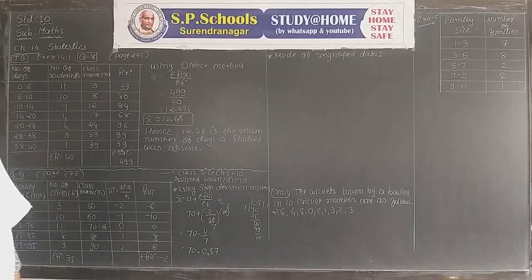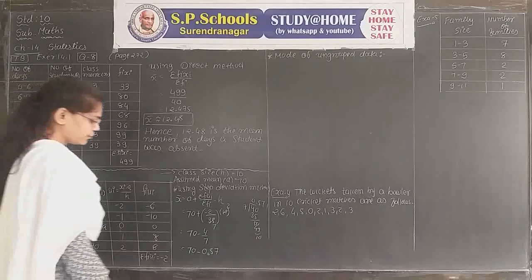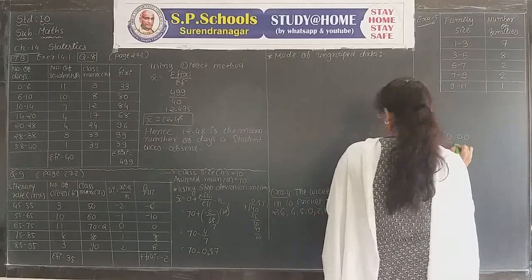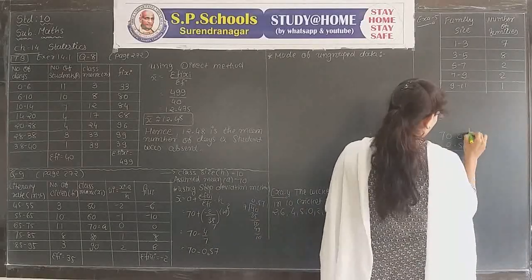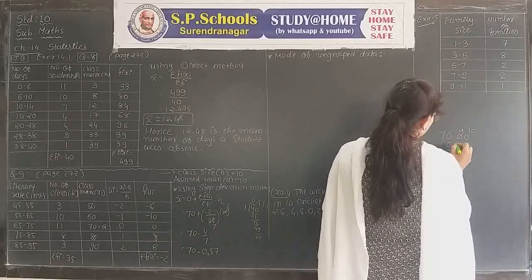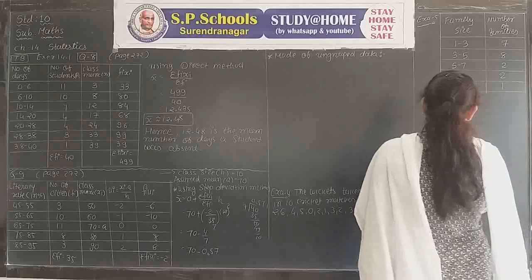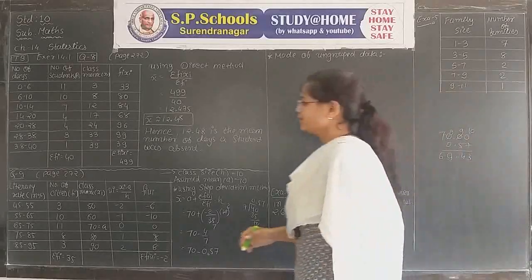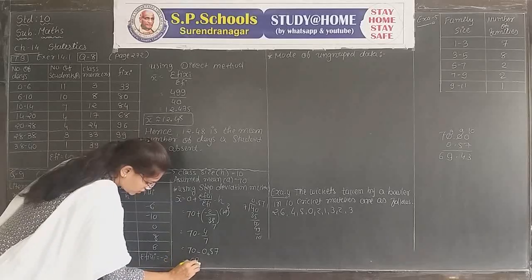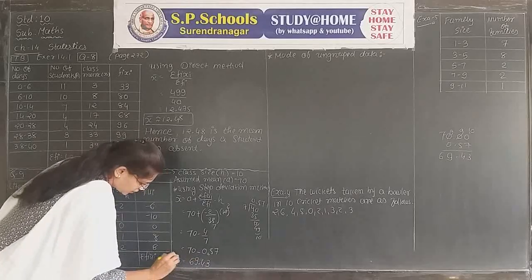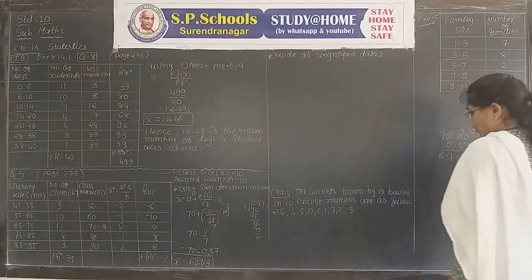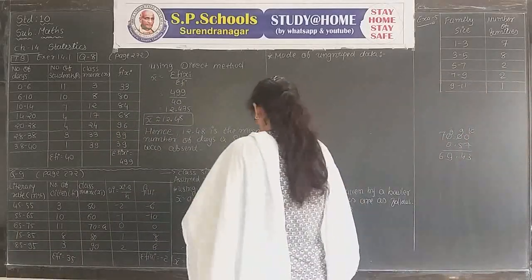We have to subtract 0.57 from 70. 69.43 is equal to x bar. Hence the last question from exercise 14.1 is completed.